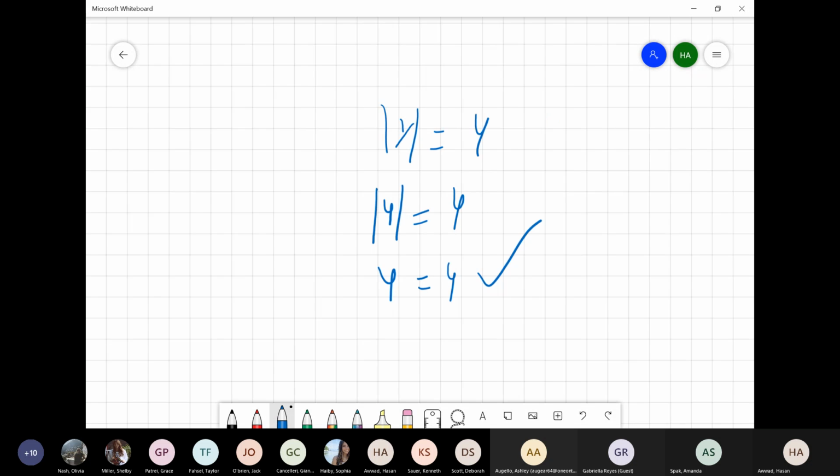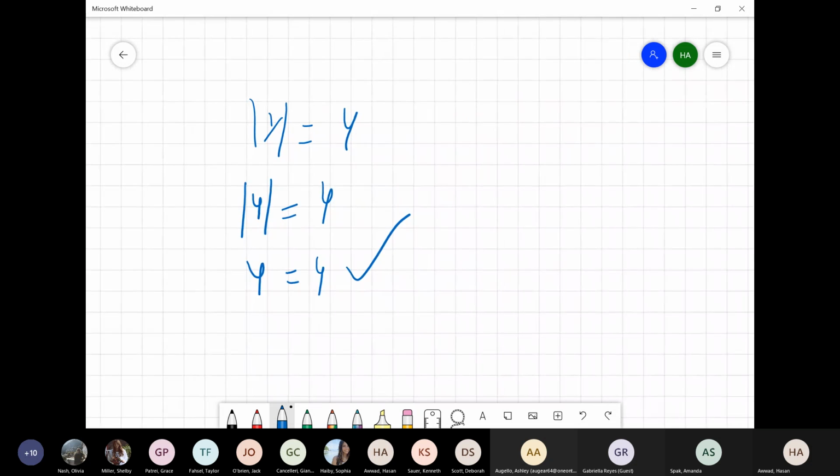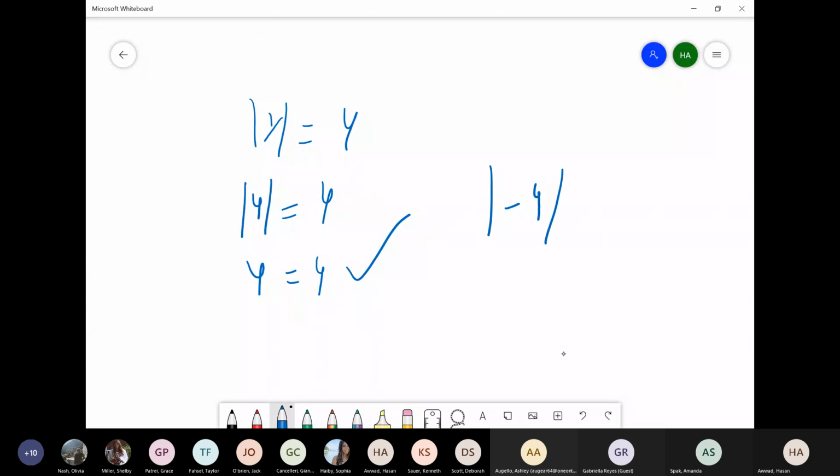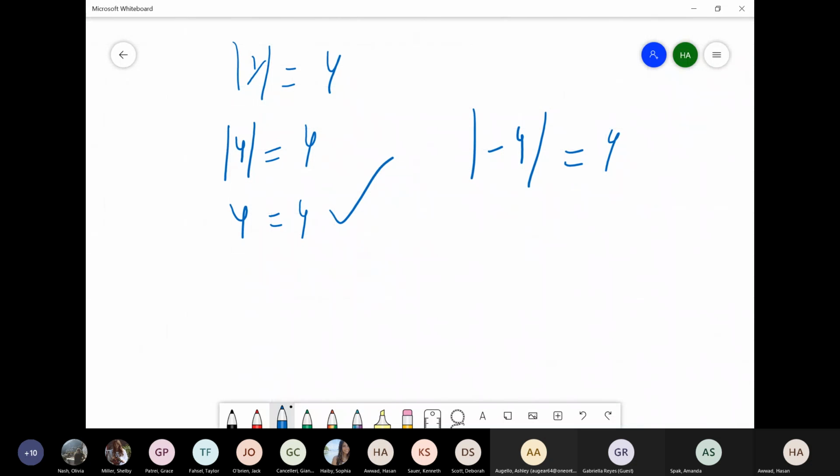However, there's also the other solution of -4, right? If we plug -4 in for y, we get the absolute value of -4, but that also simplifies down to +4, and that one also works out, right? So notice how we get two different solutions here with an absolute value.